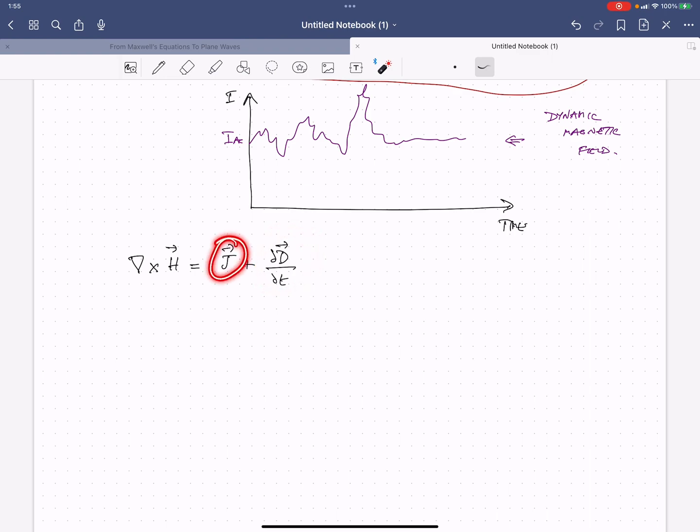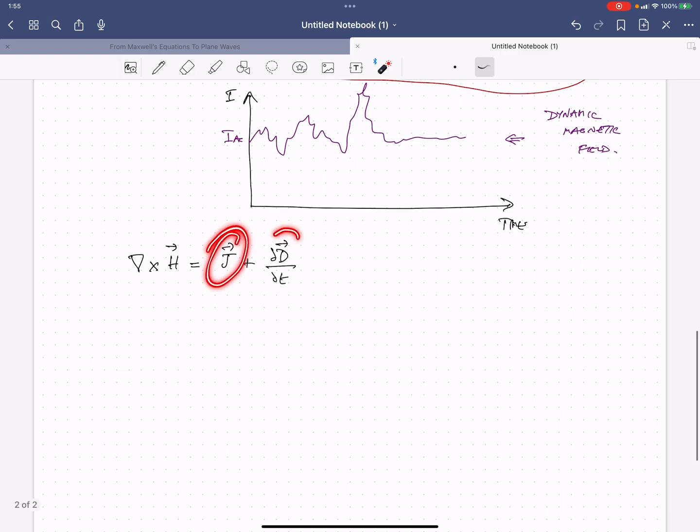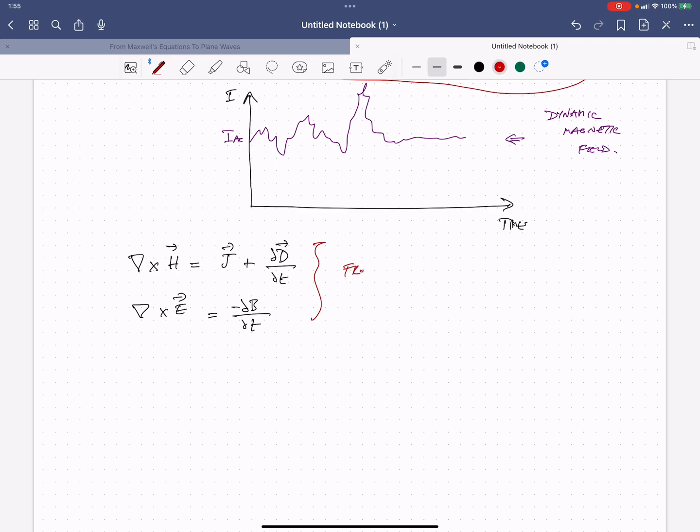So you have the current density, that's the actual current through a conductor, then you have the displacement current that happens through a dielectric or a change in the electric flux. And then the second equation you have is del cross E is the minus change of the magnetic flux. Okay, so these are both from Maxwell's equations.